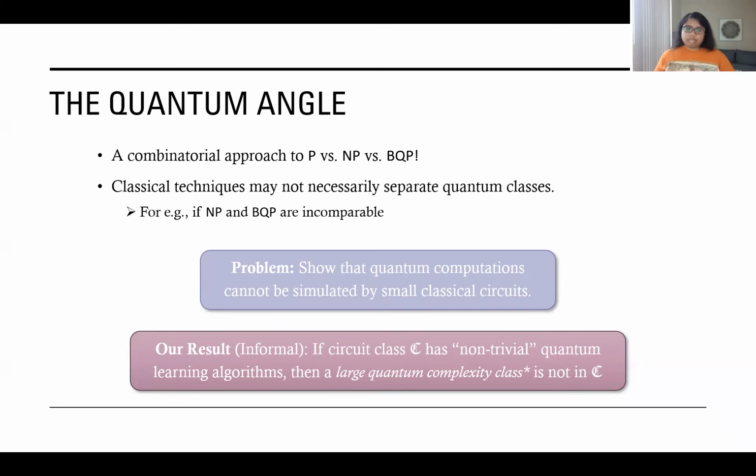What is this very large complexity class? It's an exponential time analog of BQP. That's the best that we can do. So this is a very large class and a very small circuit class. This is the first time we get these kinds of generic results, and hopefully, as we go on, this keeps getting improved.